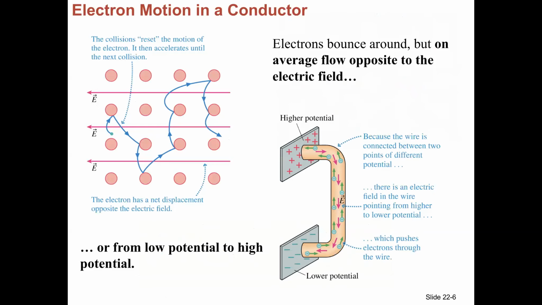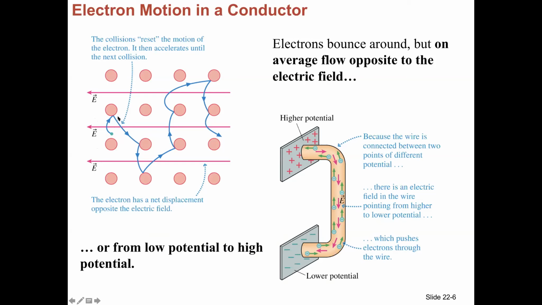Of course, overall it's not as clean as in that last cartoon on the bottom of the slide. If we apply an electric field or a voltage across a wire, the electron is going to bounce around, collide with nuclei, and it'll be a little bit random, but not perfectly random.